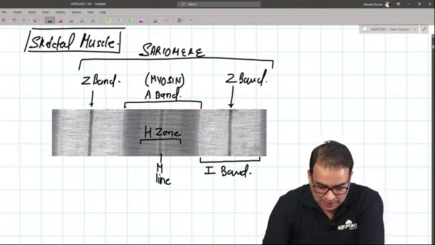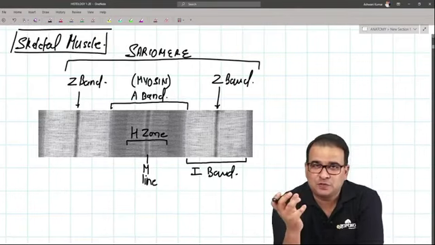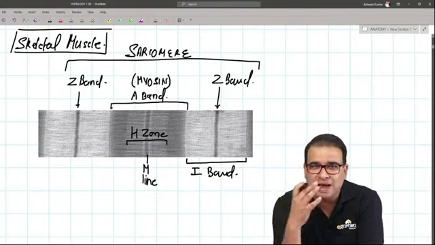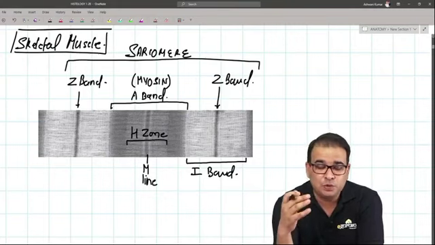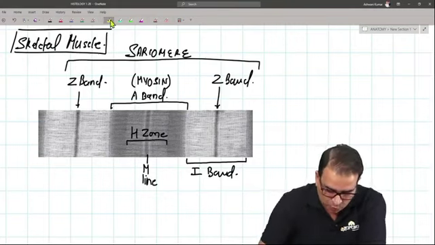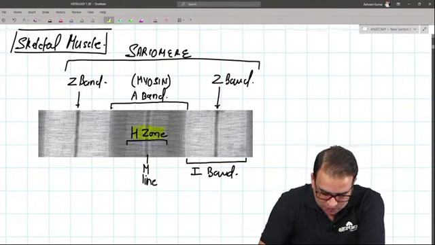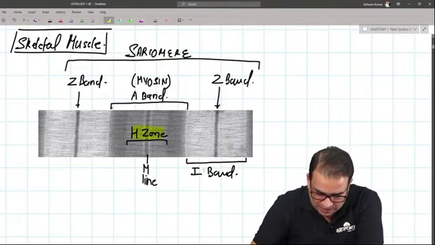Now the question is, during the contraction of a skeletal muscle, out of all these bands and zones and lines which are here, the ones which will reduce in size are, one, the H zone and the other, the I band.